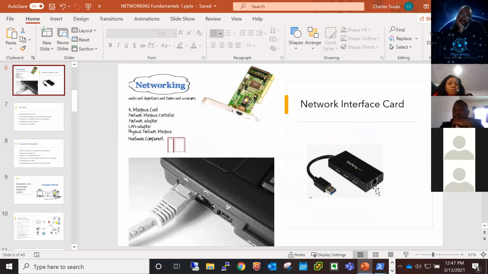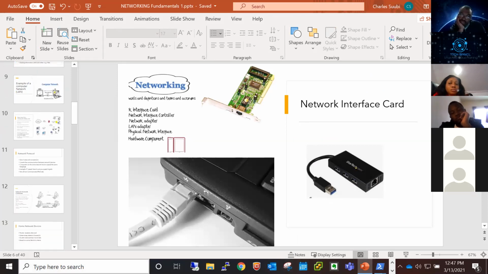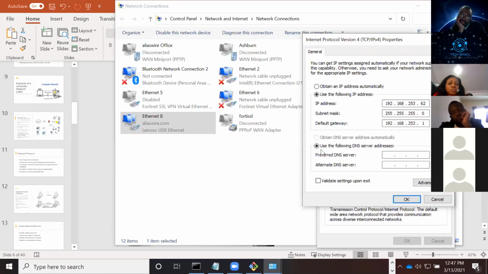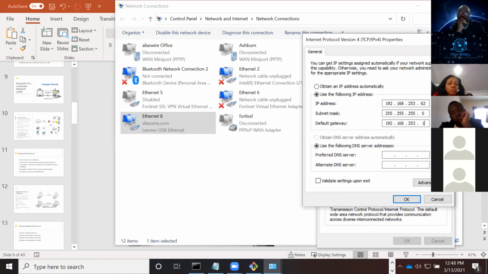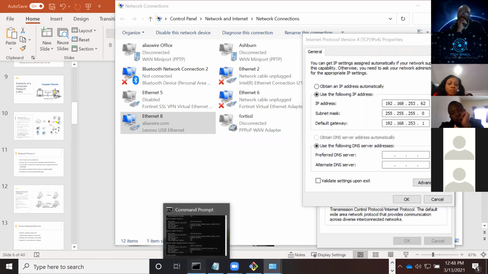A docking station on this side has an RJ45, and on this side it has a USB-C. So that is my Ethernet adapter. So that's why when I go down to my network configurations... where's my command line? I've lost my command line.